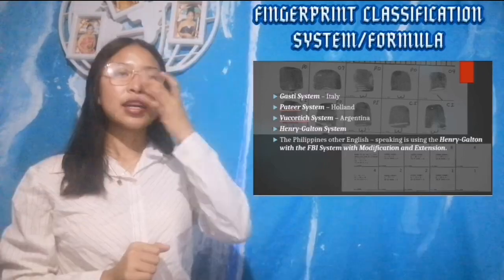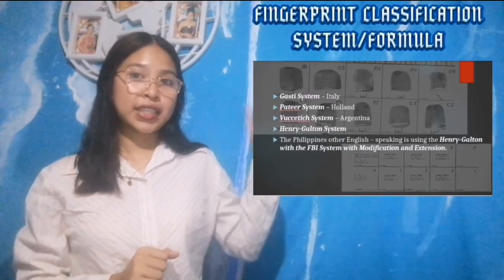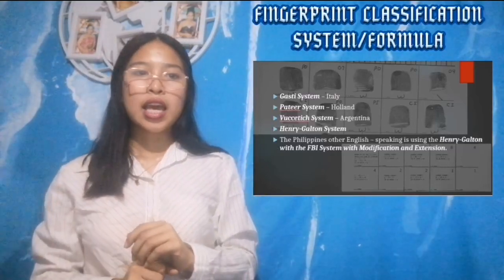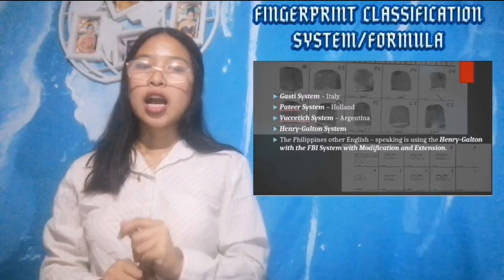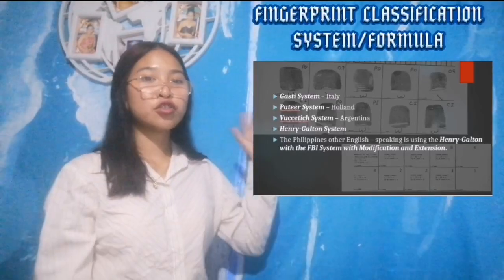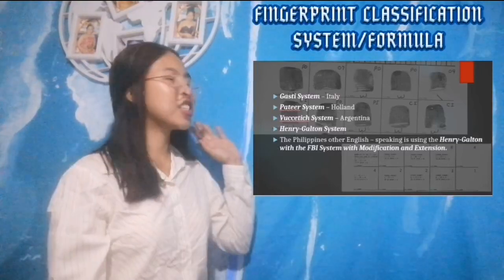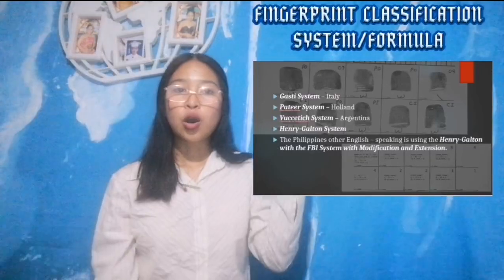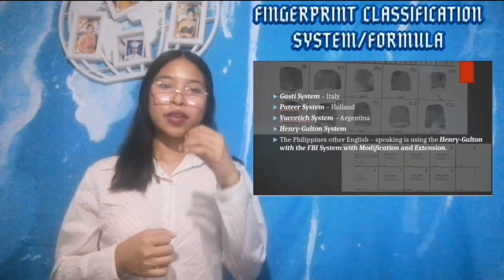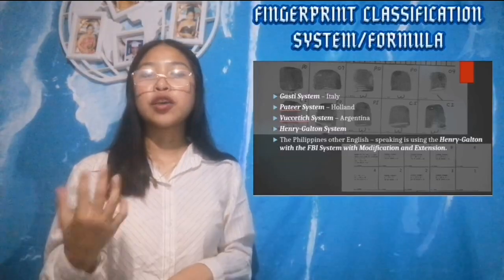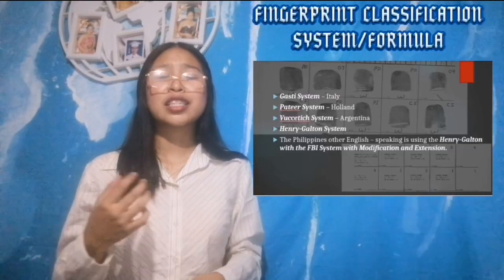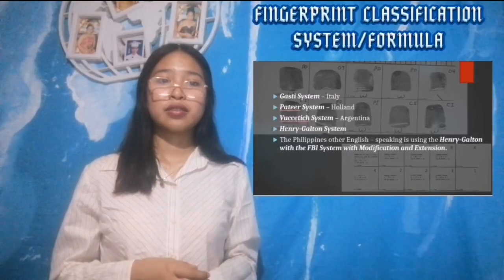We have the Gasti system of Italy, the Vucetich system of Argentina, the Vater system of Holland, and the most popular, the Henry-Galton system, which is well known all over the world because of its influence and popularity among democratic countries and its gigantic facilities.